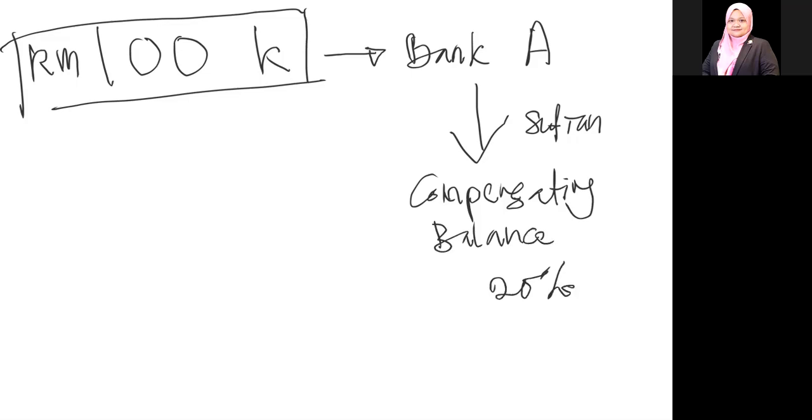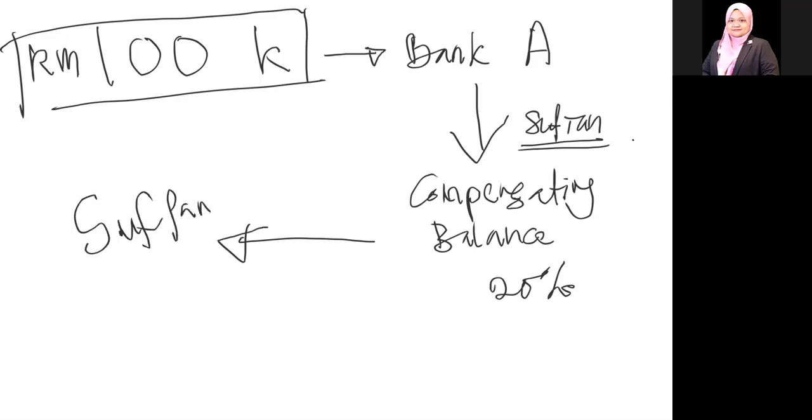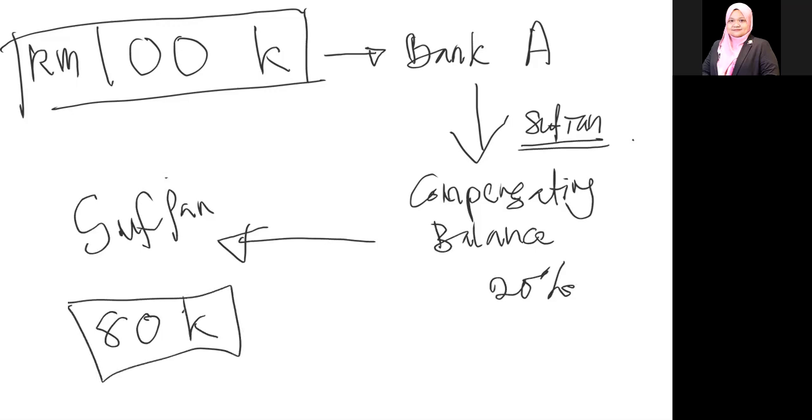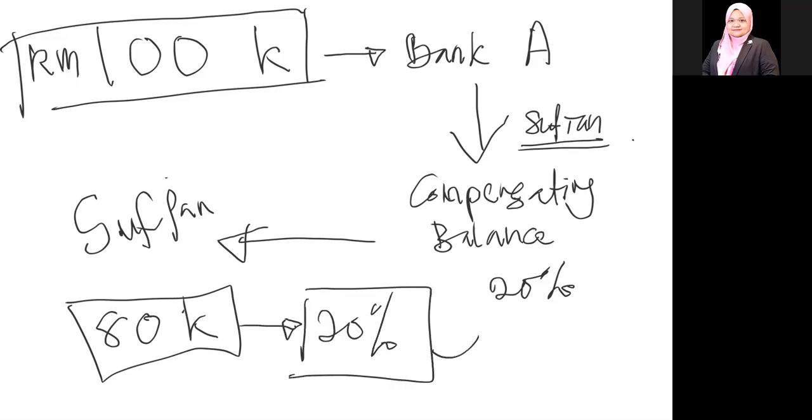So Encik Sufian said, yes, I agree with this agreement. Then how much will Encik Sufian get from the 100,000 loan? Encik Sufian only gets about 80,000. Why? Another 20% is reserved as compensating balance. So 20% is equal to 20,000 ringgit. Okay.